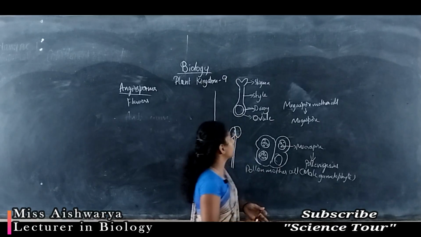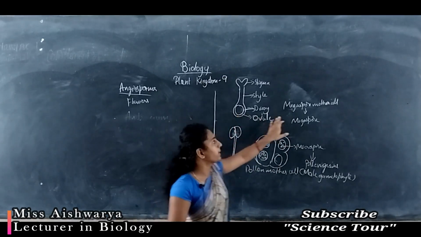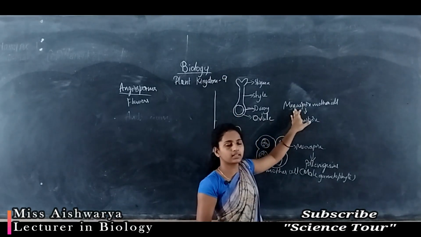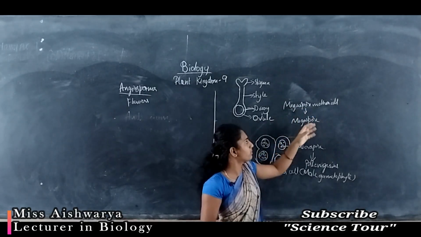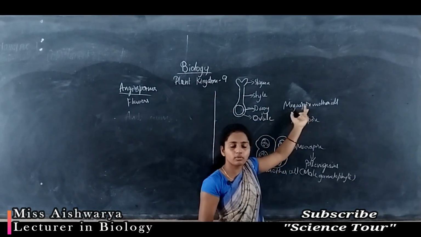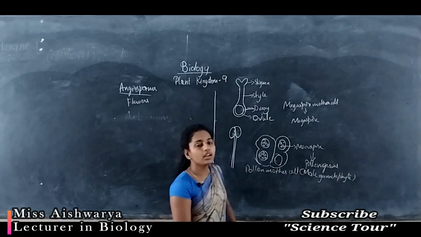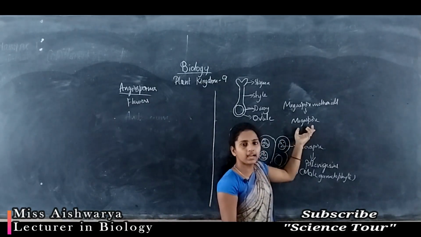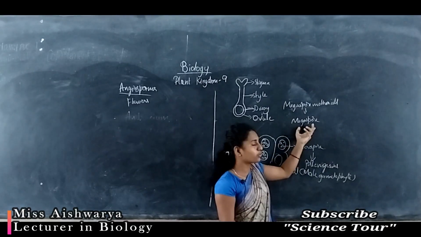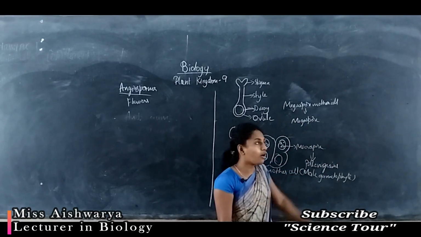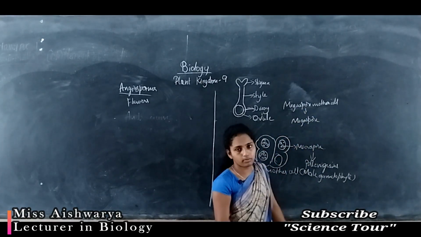Some cells in the ovary develop into the megaspore mother cell, and this megaspore mother cell undergoes meiotic division, that is reduction division, and forms the megaspores. Four megaspores are formed from each megaspore mother cell.